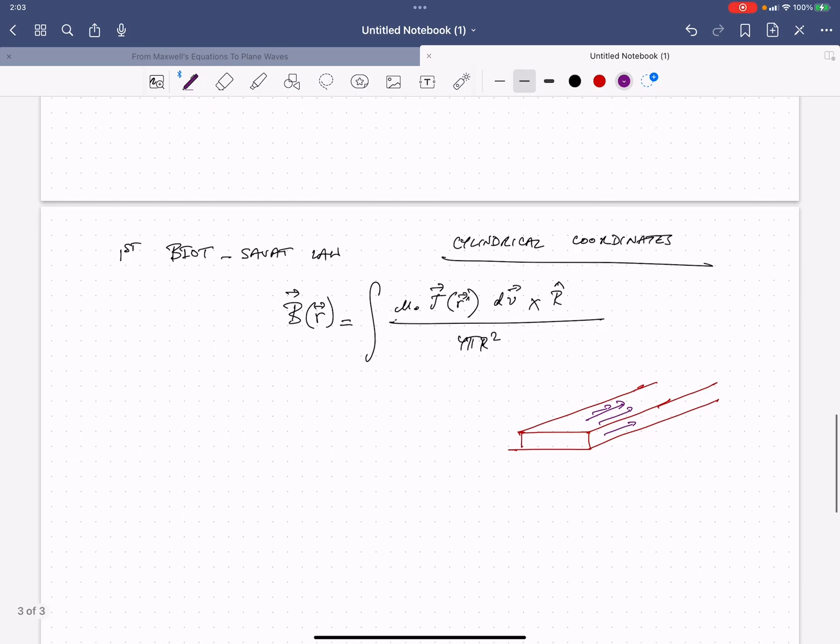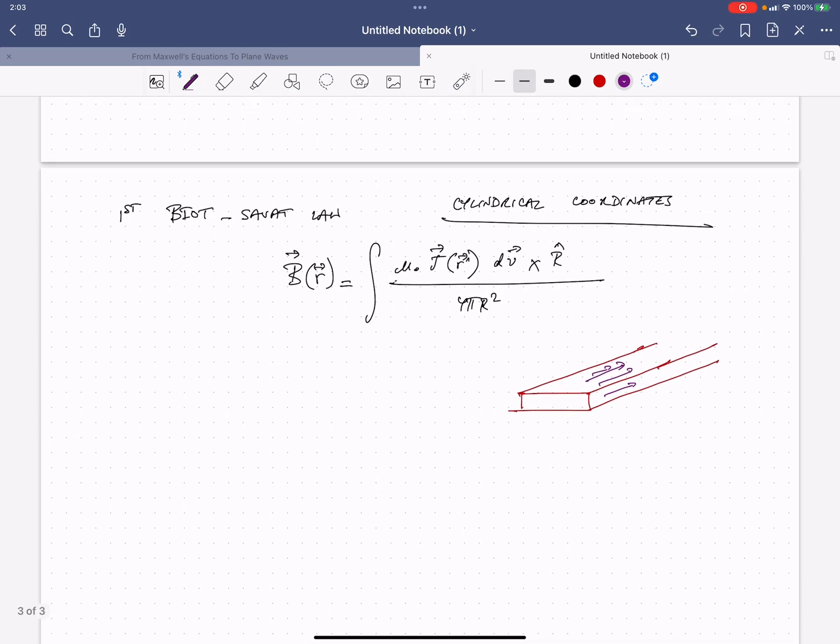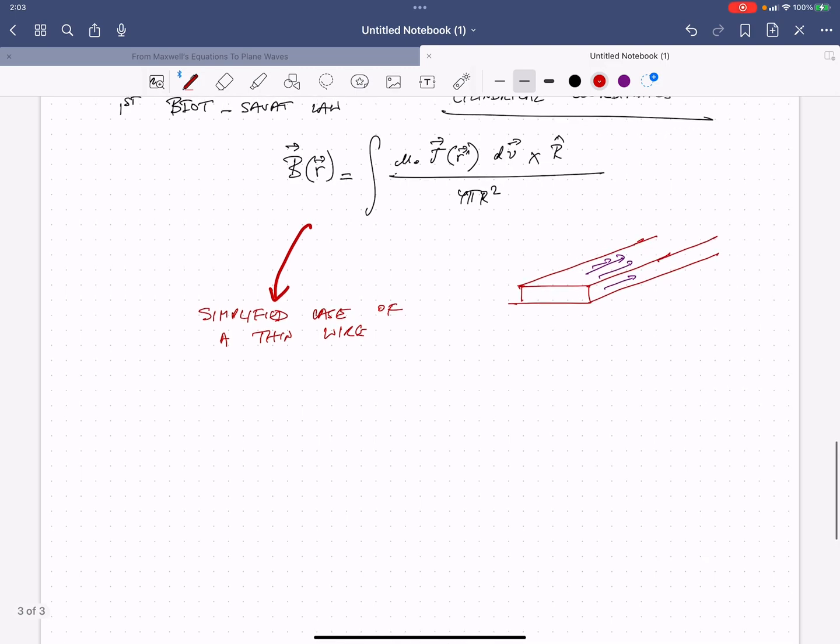But in the case where you have only a thin wire, that makes life simpler, because I no longer have to worry about the current density times the surface. My current is just I, so that's all I need to worry about.